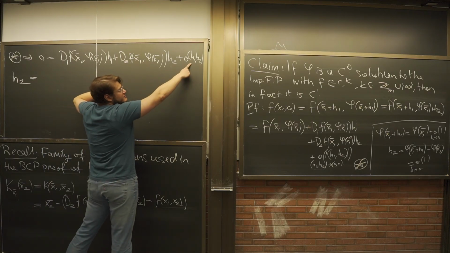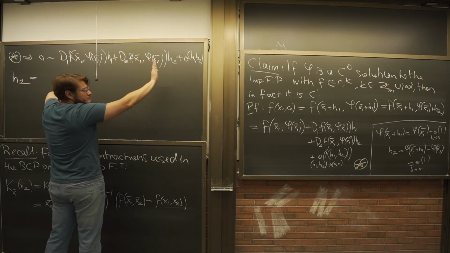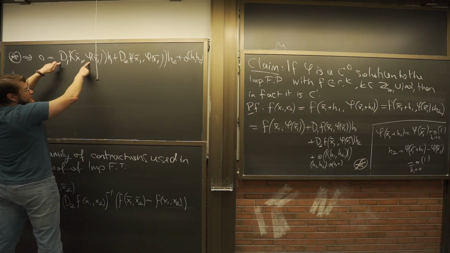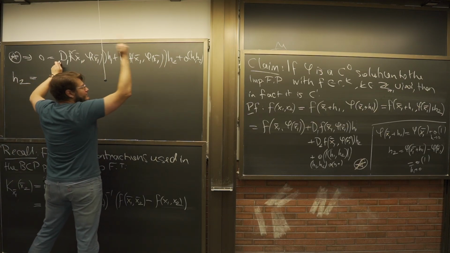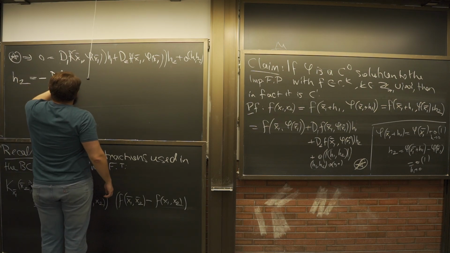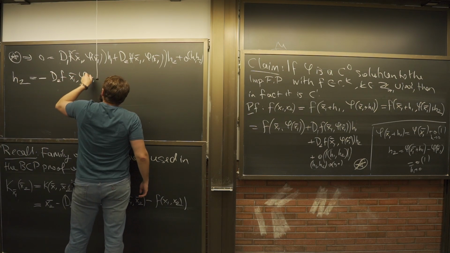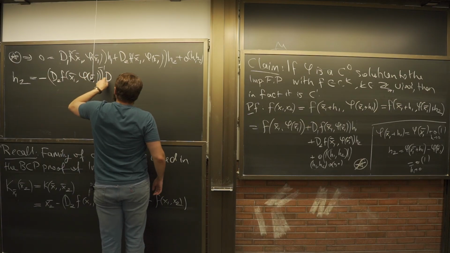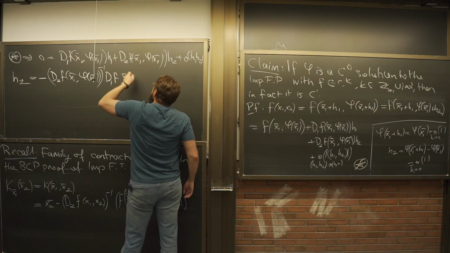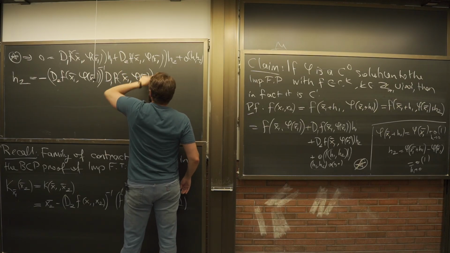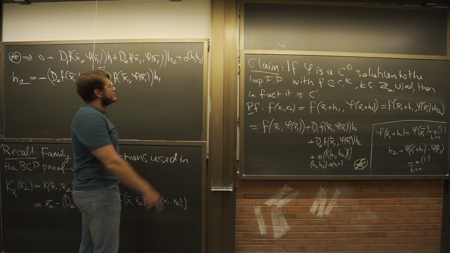That's not going to affect little o, because this is bounded linear. That's fine. This is going to turn into the inverse of this applied to this. But then if I'm solving for this guy, I'm going to have a minus also. So I'm going to have minus d2f(x1 bar, phi of x1 bar) inverse, d1f(x1 bar, phi of x1 bar), applied to h1, and this.